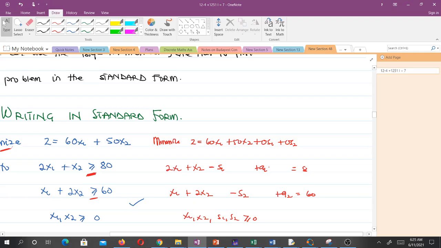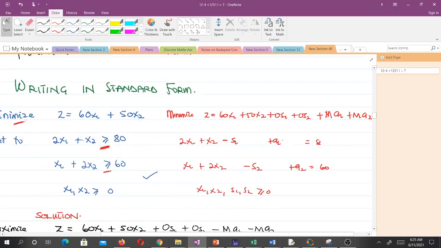But because it's a minimization problem, the artificial variables will have a plus M, so plus Ma1 then plus Ma2. So this is the standard form for this problem that we have here.